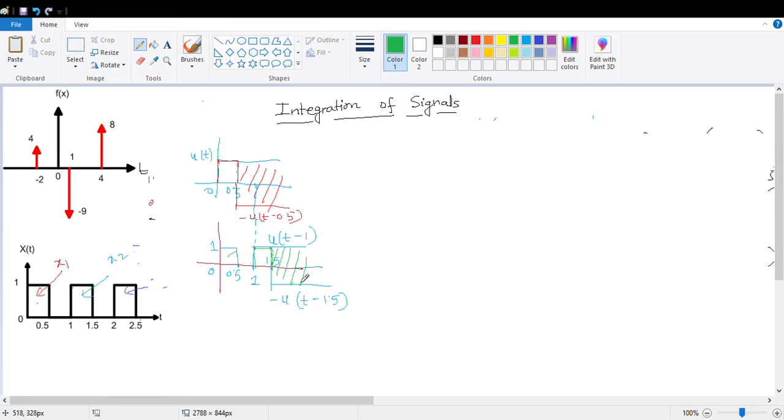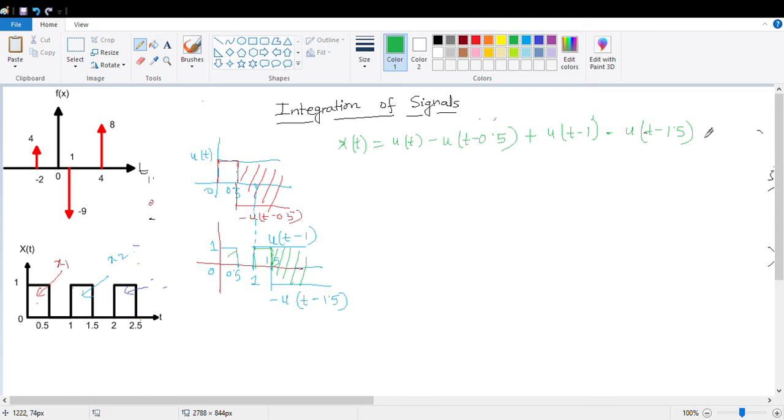Similarly, if we think of the third part, we can write the expression of x(t). The first part is u(t) minus u(t minus 0.5), plus the second part is u(t minus 1) minus u(t minus 1.5). And next, the third part. What is the third part? The third part is starting from 2.